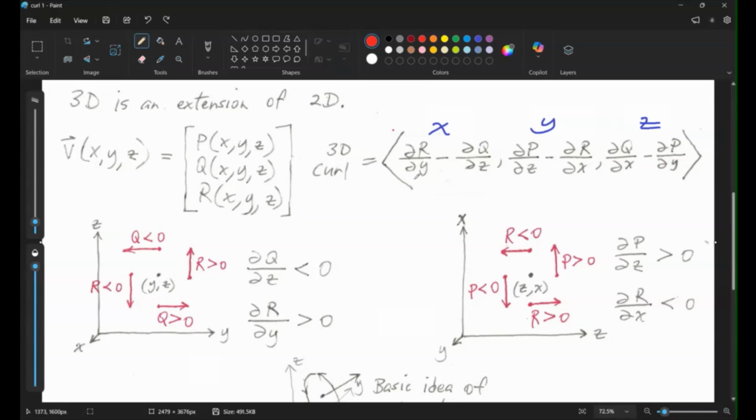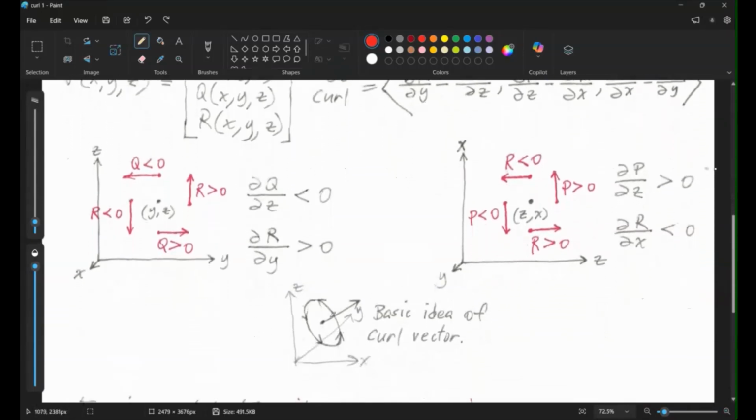3D vector field curl is basically a vector, like the red arrow there, where if your field is mostly swirling in this direction, then your curl vector is normal to that.